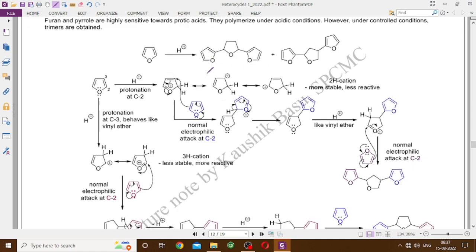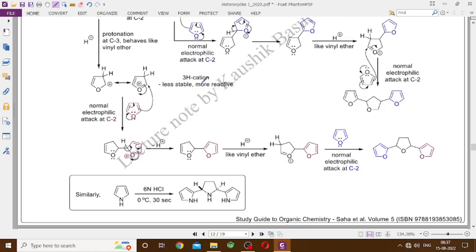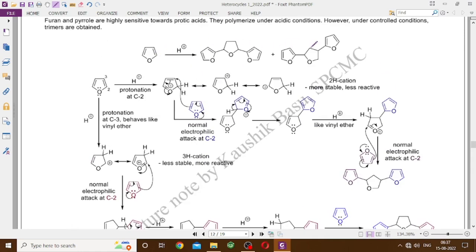Here we demonstrate for furan this type of trimer formation when you expose it to protic acids, even under controlled condition. So here you have a trimer where the central furan molecule has attached two other furan molecules from both alpha positions through the corresponding alpha position of the terminal furan molecules.